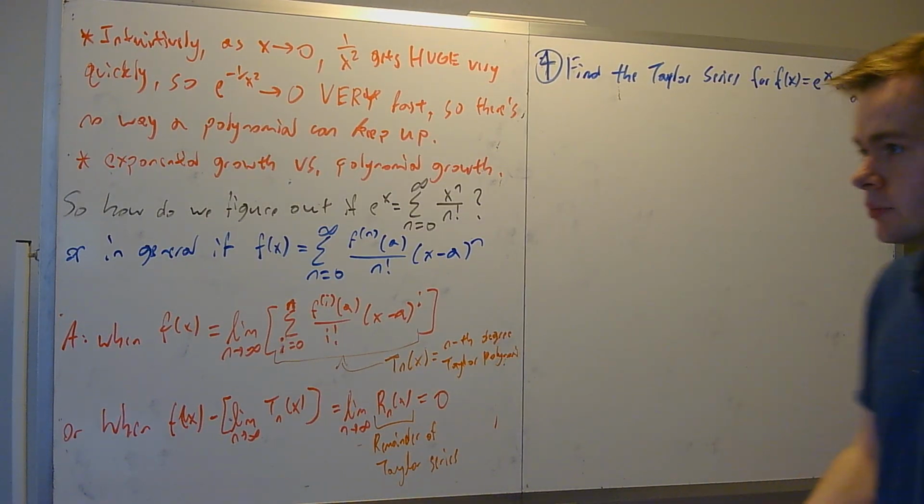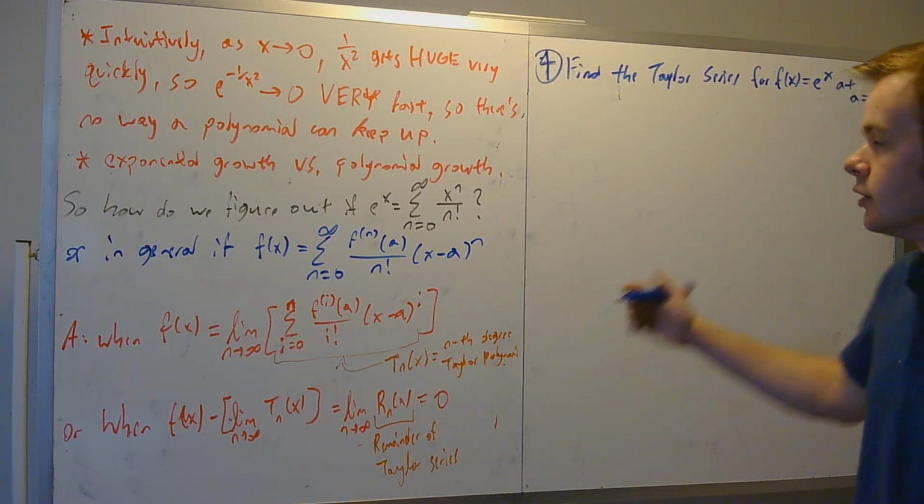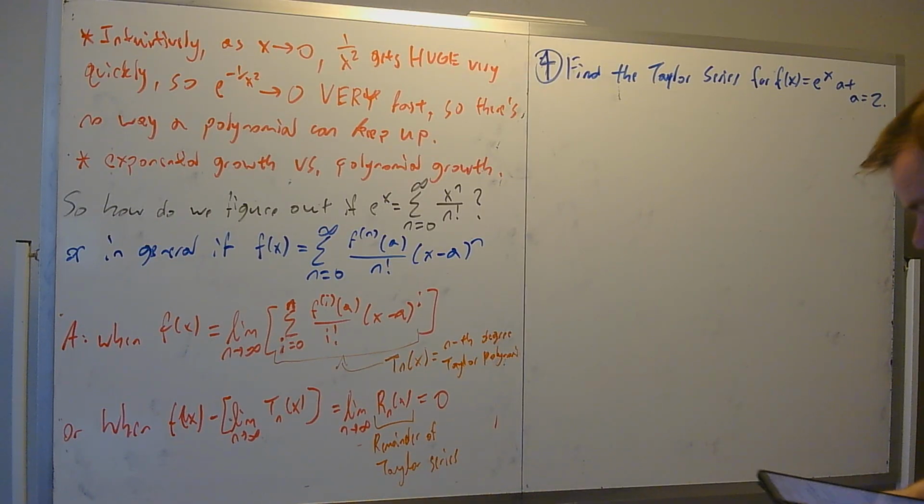The Maclaurin series was at a equals 0, but instead we're going to mix it up a little bit. We're going to find when a equals 2.